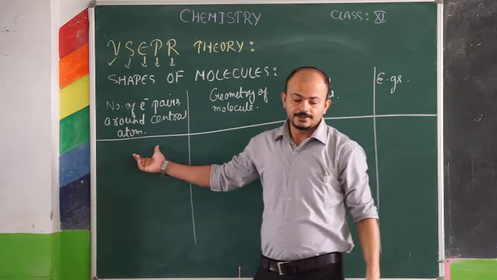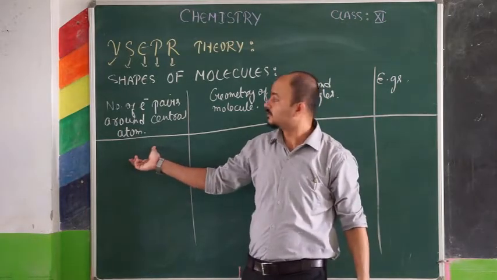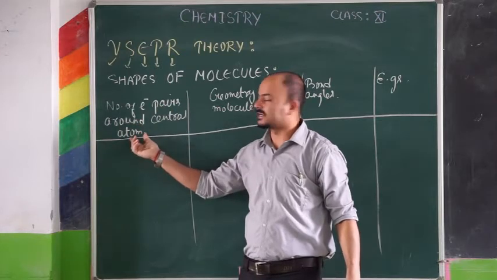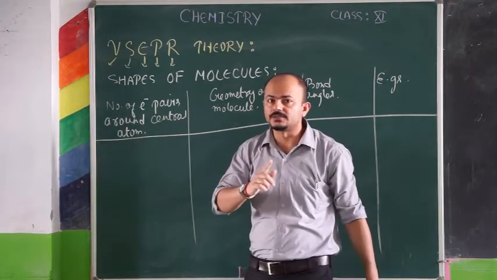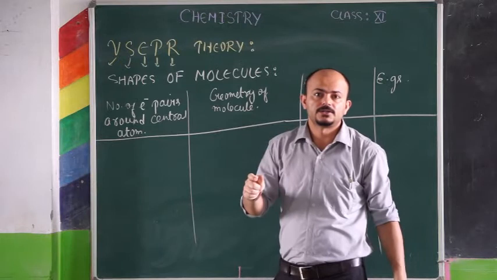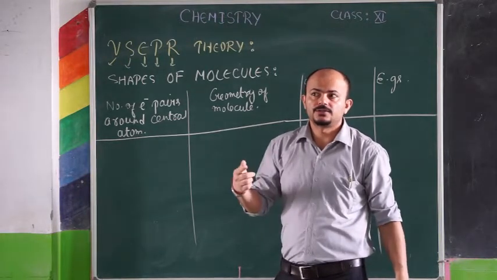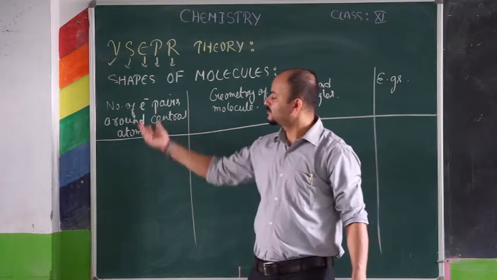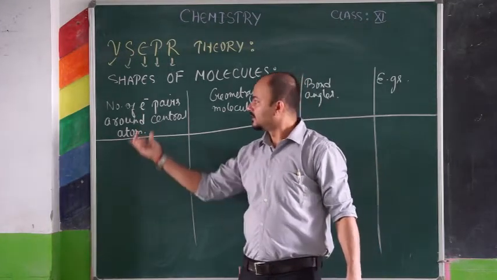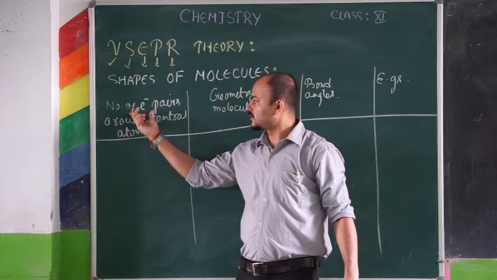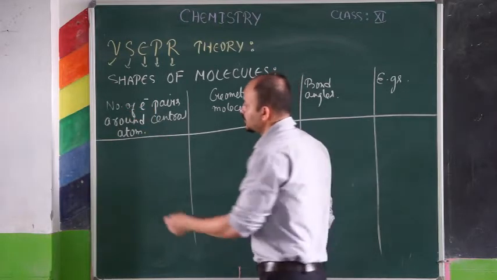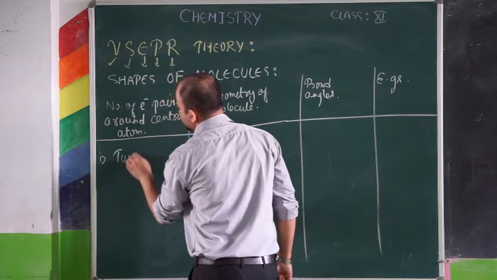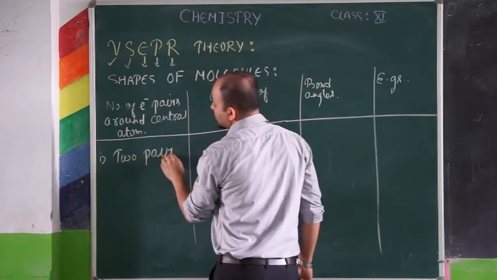So now let's take examples. Here, the number of electron pairs on the central atom does not mean lone pairs; it means electron pairs, bonds. In the formation of a single bond, two electrons are involved. So suppose you have two pairs, meaning two bonds.